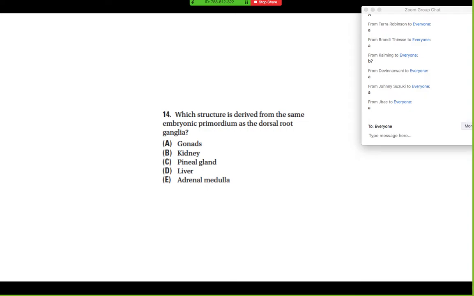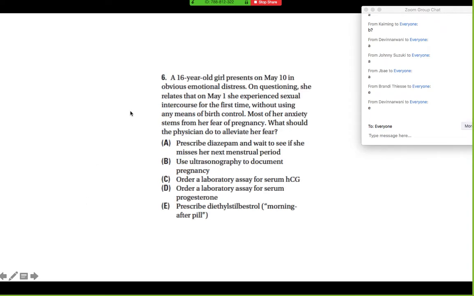Which structure is derived from the same embryonic primordium as the dorsal root ganglia? Yeah, good job, you guys. Adrenal medulla, that's correct. Okay, I want you guys to read this one, and I bet you can get it right.